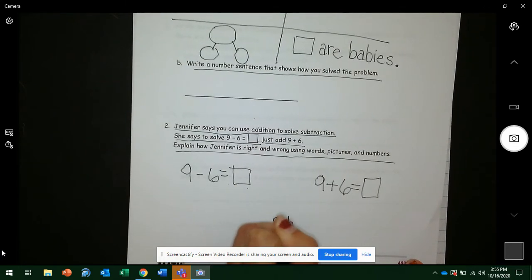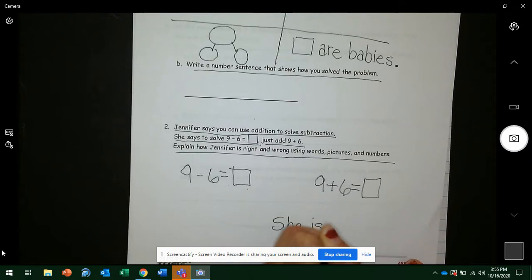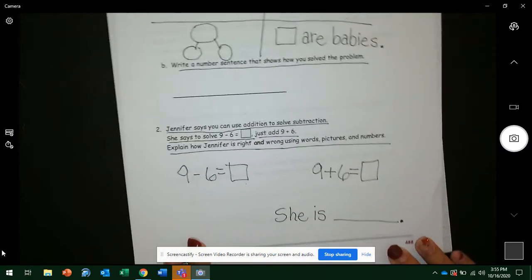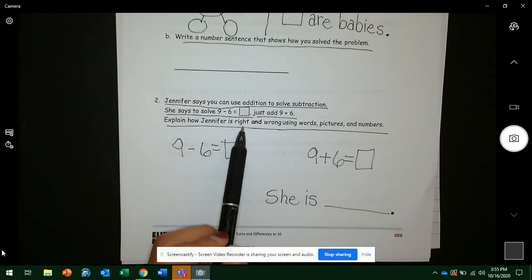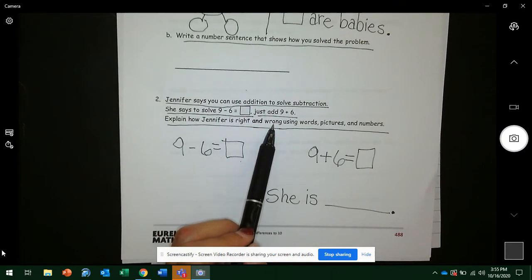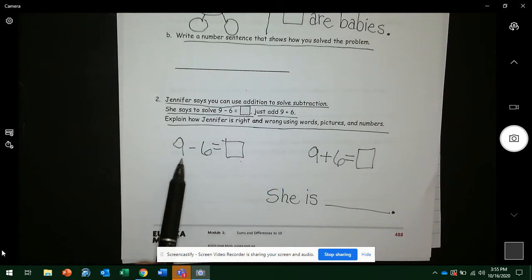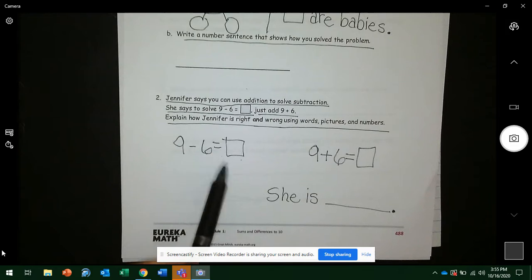You need to tell me she is, go ahead and complete the sentence. You need to either write if she is right or wrong. If you wrote that she is wrong, then you need to write the correct addition number sentence that would be used to solve this problem.